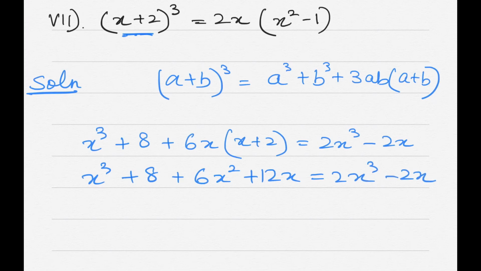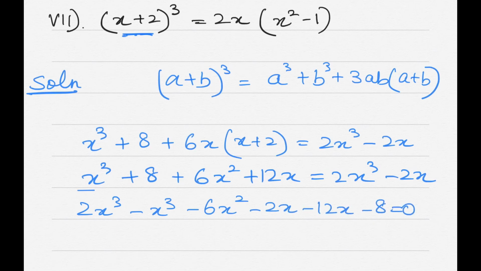Okay, bringing everything on the right hand side, so we'll get my first term as positive, right? So 2x cube, and I have this as minus x cube, because I'm bringing it to the right hand side, and minus 6x square, and then I have 2x, and minus 12x minus 8 is equal to 0. So now let's solve it.